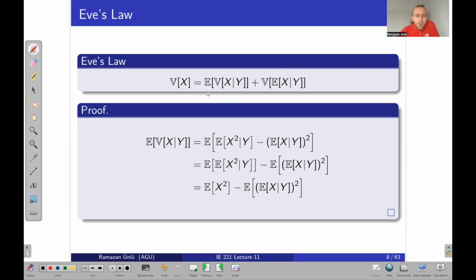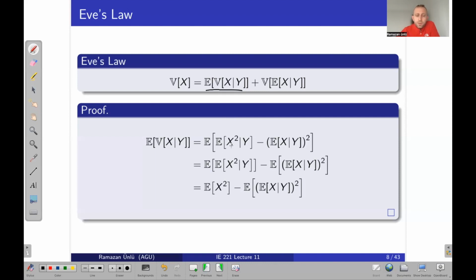So first, look at the first term here, the expected value of the variance of X given Y, and focus on how we can calculate the variance of X given Y. The first thing we need to do is calculate the second moment of X, right?